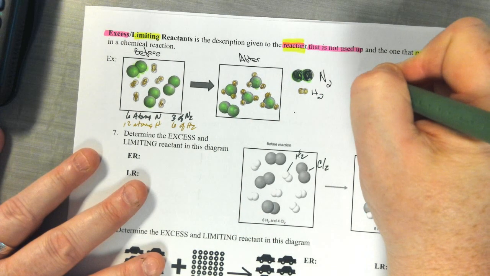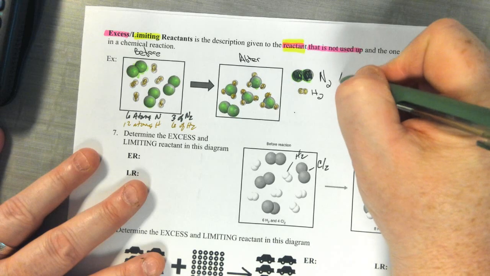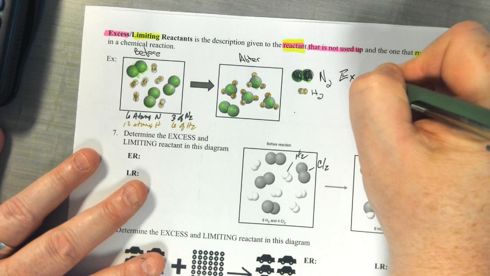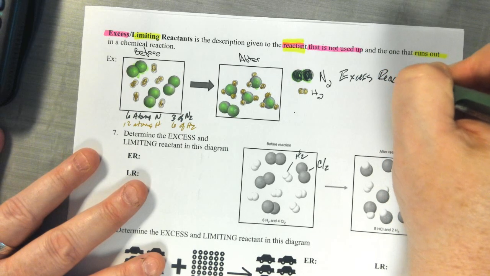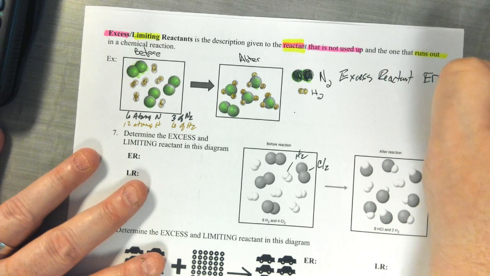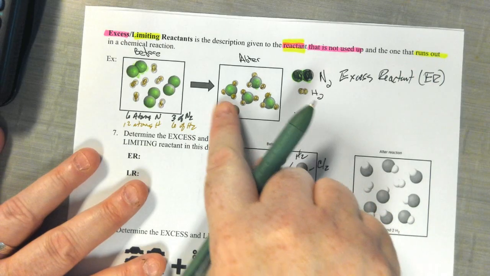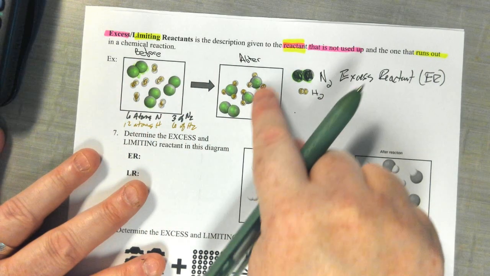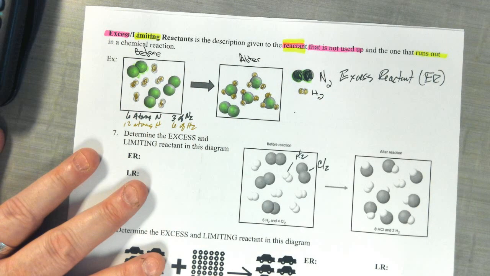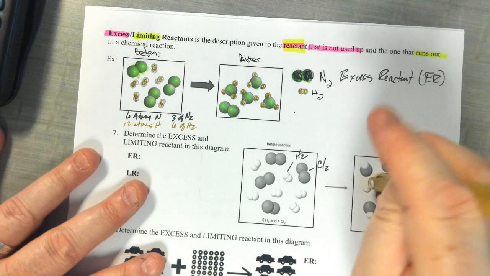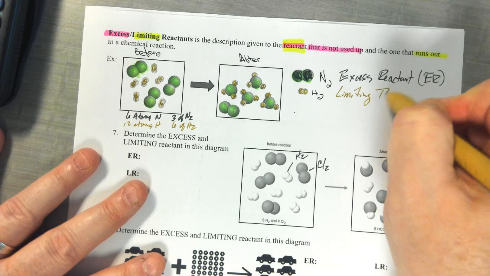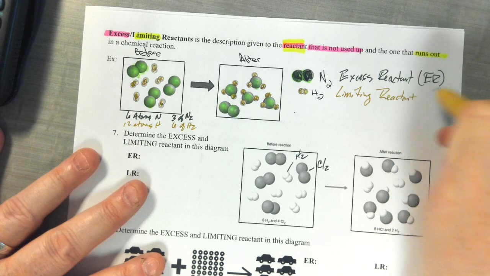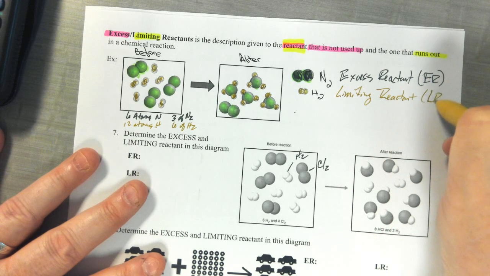So nitrogen is my excess reactant, or we just put ER. And then hydrogen, because it all got broken up and bonded to nitrogen, this is my limiting reactant, it's what I ran out of. And we just label that LR.